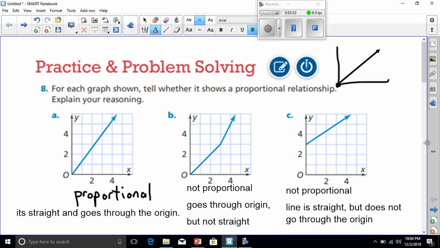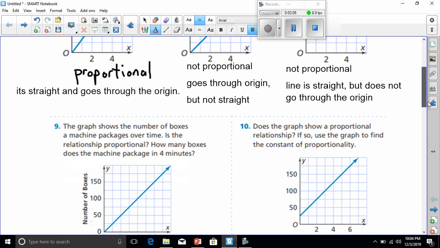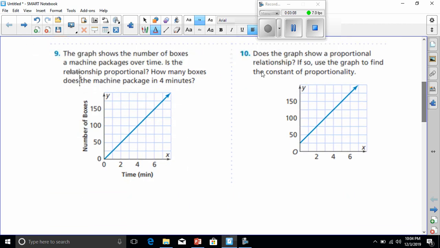Okay, and let's move on to our next one now. You guys got 9, so I've got 10. Does the graph show a proportional relationship? If so, use the graph to find the constant of proportionality. Well, for it to be a proportional relationship, we said it has to go through the origin and be straight. So this is not proportional.